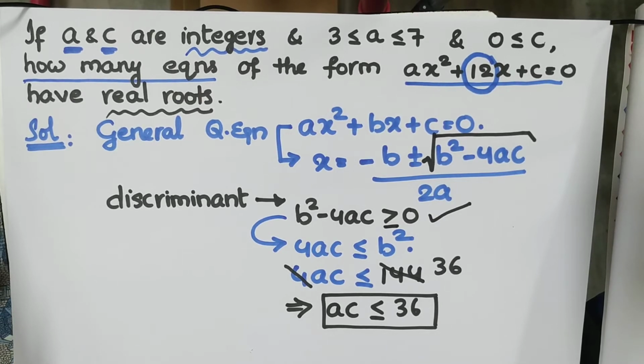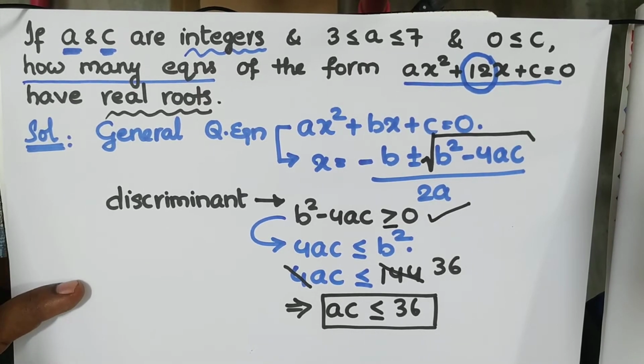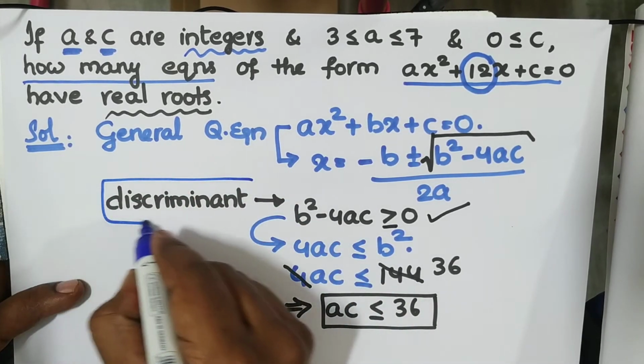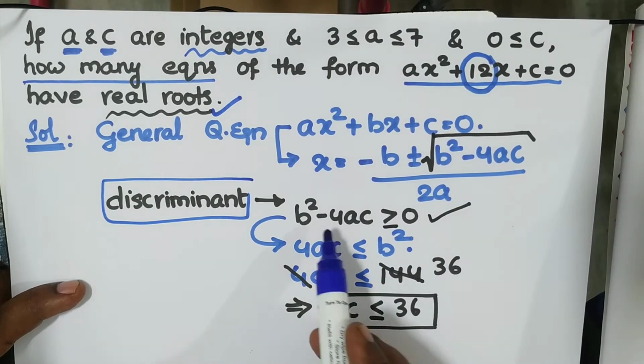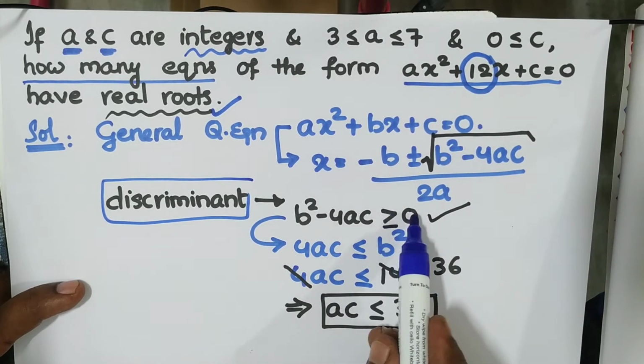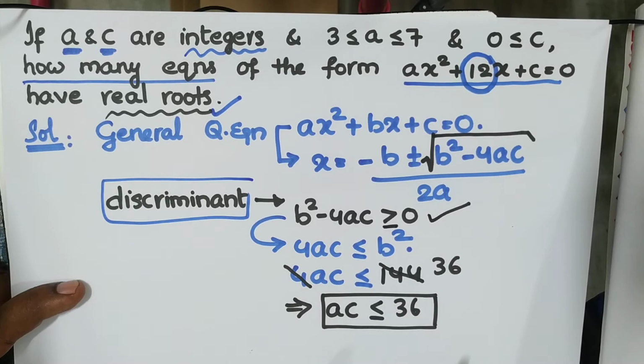So in this question, a simple concept is I should know that to have real roots, the discriminant must be either positive or equal to 0. 0 is neither positive nor negative.